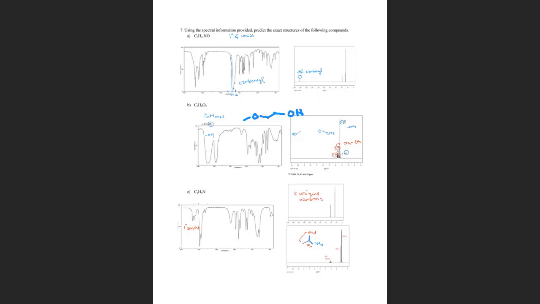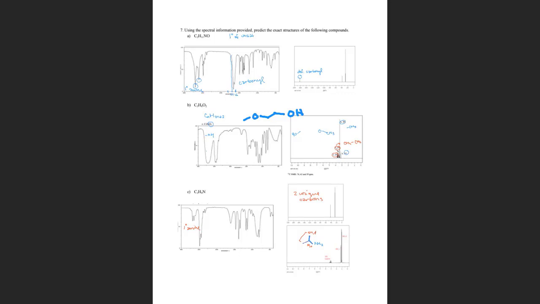How many amine peaks do we see? Probably primary. Okay. Yes, that's good. Because of both of these peaks here, we can deduce that this is a primary amine.